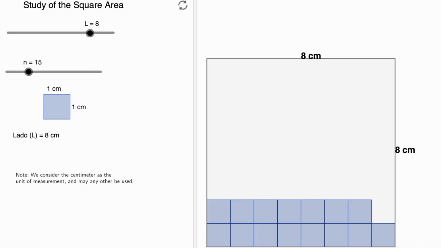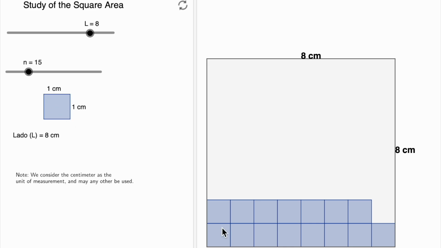We have a square here, and we're trying to find its area in GeoGebra. We have a big square here, and also, as I said before, we have blocks or tiny squares. In a square, you know that our four lengths equal each other. So if one is 8 centimeters, the other one is 8 centimeters also. We have tiny squares here, one by one.